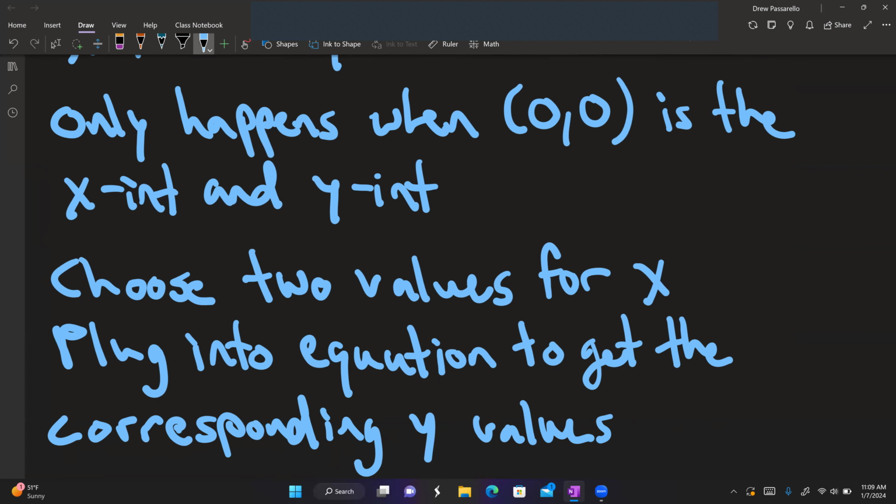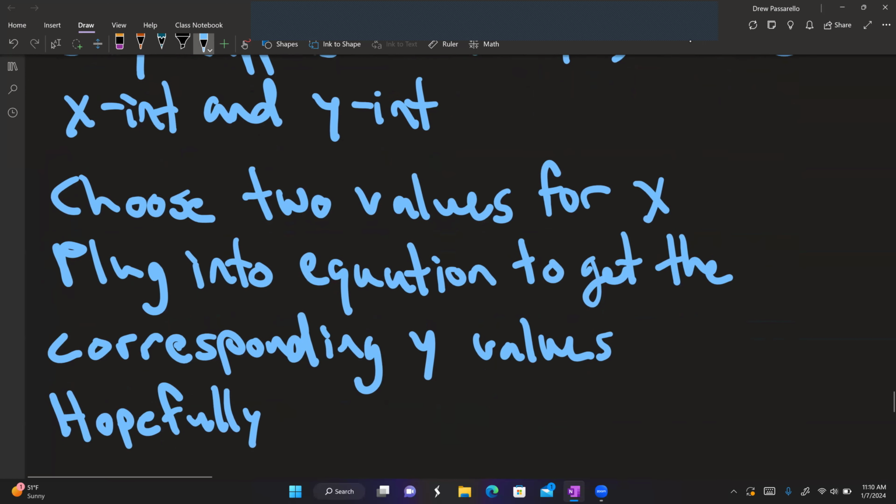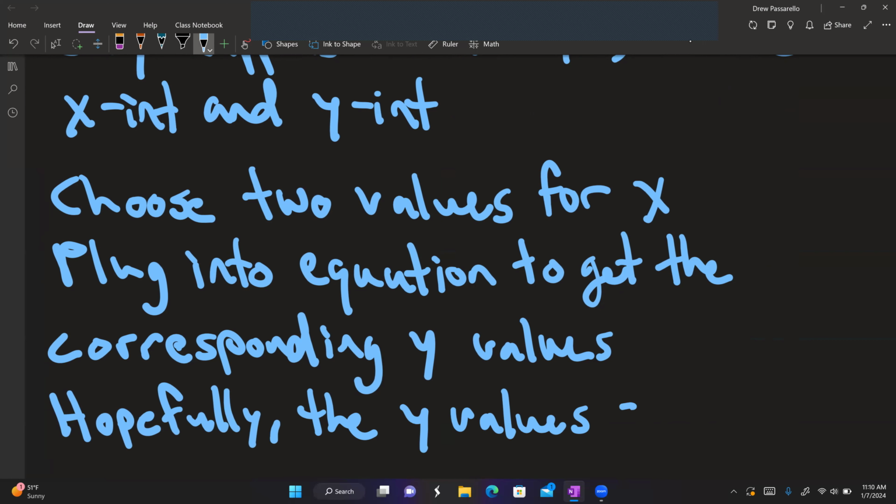And hopefully the y values are whole numbers. So for the x values you pick, I would pick whole numbers, and hopefully the y values are whole numbers.